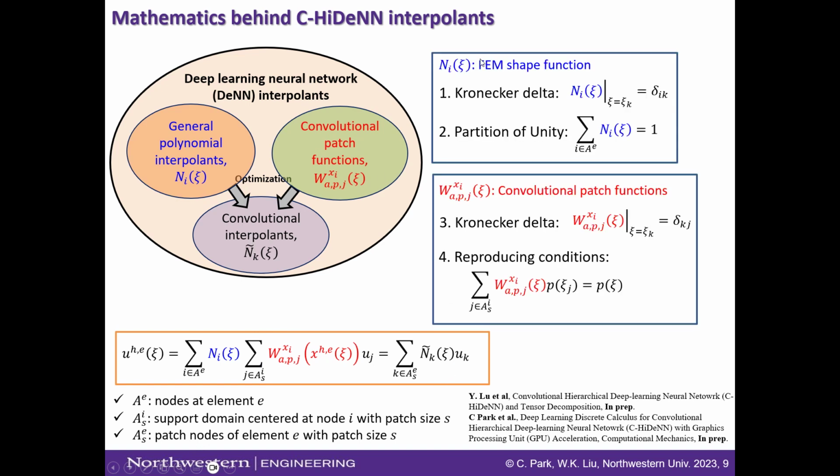So for each function, the FEM shape function and convolution patch function should satisfy these total 4 conditions, and everything together, we are able to achieve canonical Kronecker delta properties and reproducing order, reproducing conditions. Those are all defined and proved in these theoretical papers listed here. So if you are interested in it, please refer to these papers.